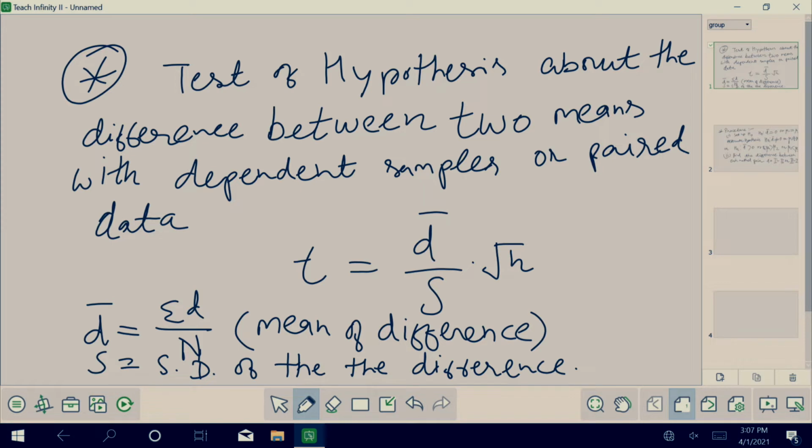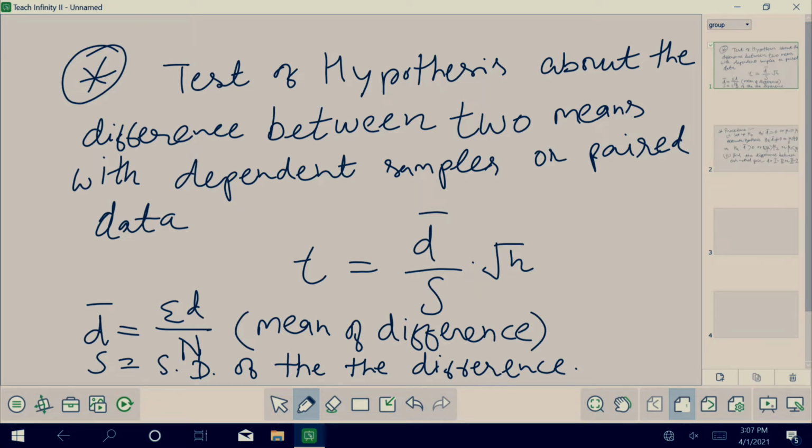So this is the t-test when you have two samples which are dependent, and you can say paired data also, right. You need to know what paired data is. Paired data means, suppose you joined a job and your performance is checked before training and after training.